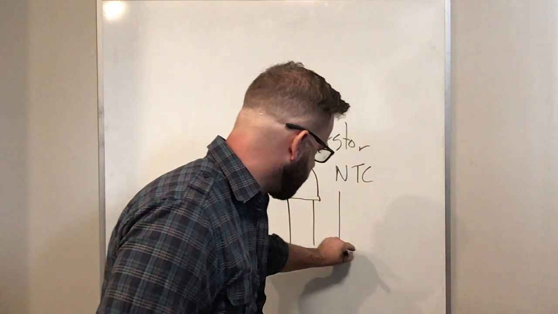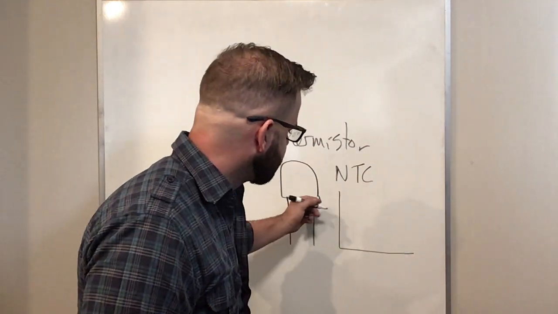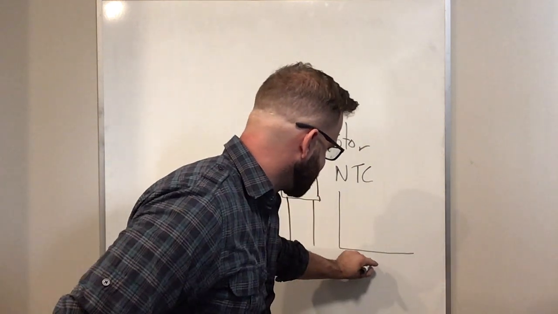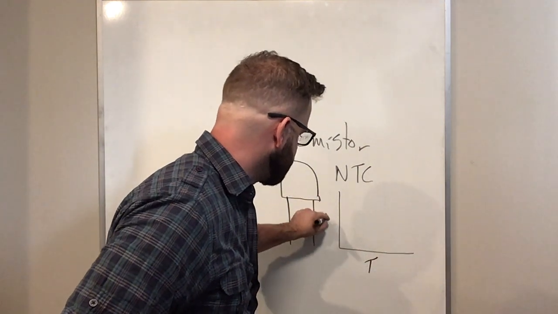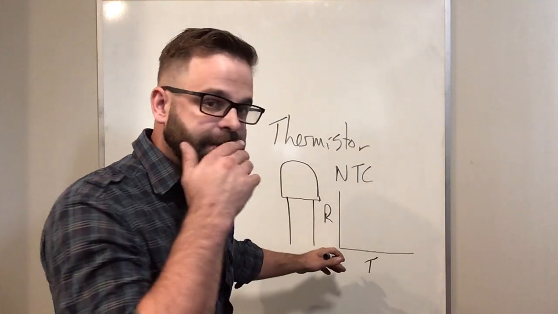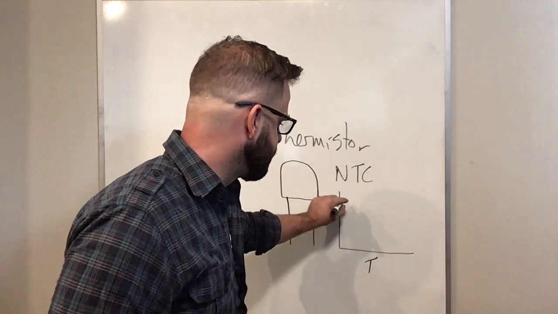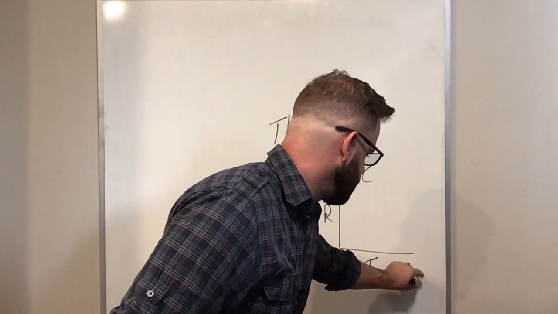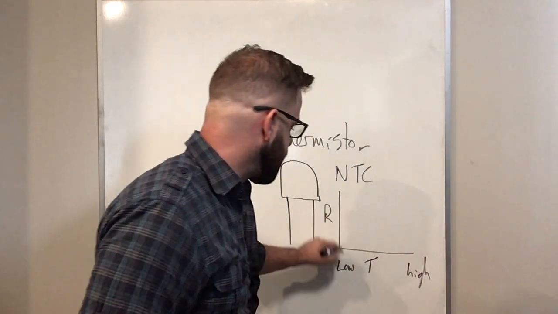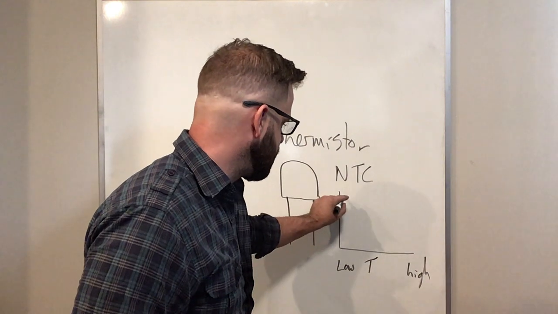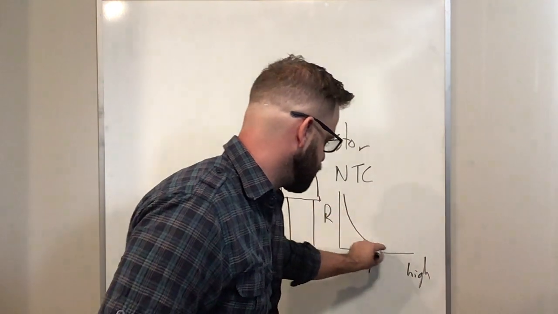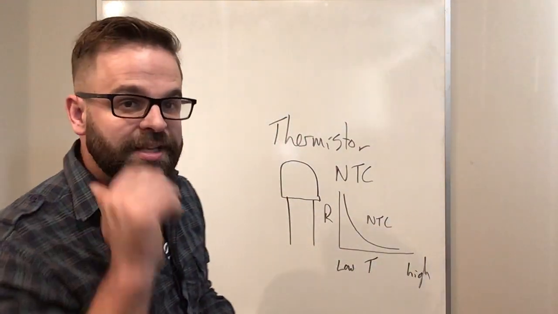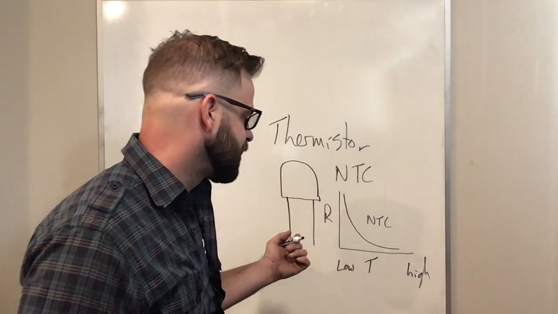So if I were to look at a graph, with temperature down here, resistance over here, as the temperature goes up, so this is low, high, as temperature gets higher, my resistance is going to go down. So that is negative temperature coefficient, NTC. There are some positive temperature coefficient ones.